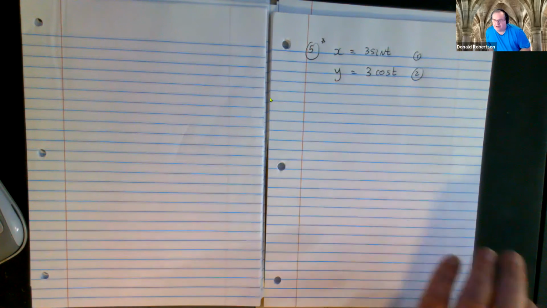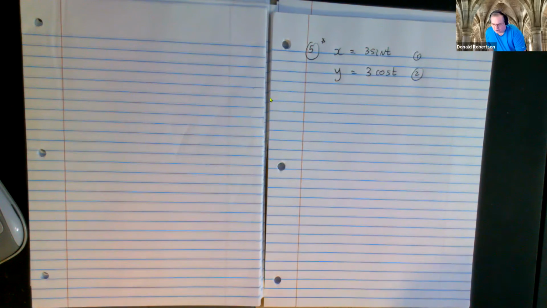Can you just trust me that if you try to do that, it would be really, really ugly and not very helpful? So don't go there. Whenever you see trig equations, you have a different approach. What you want to do is use trig identities.